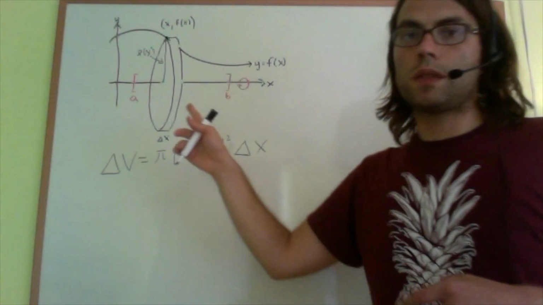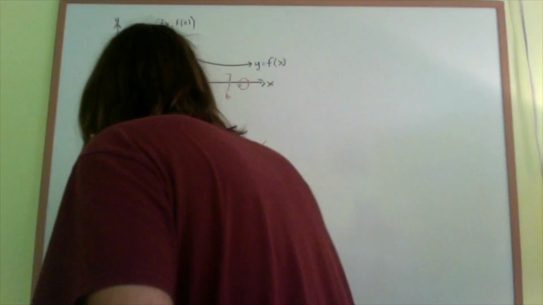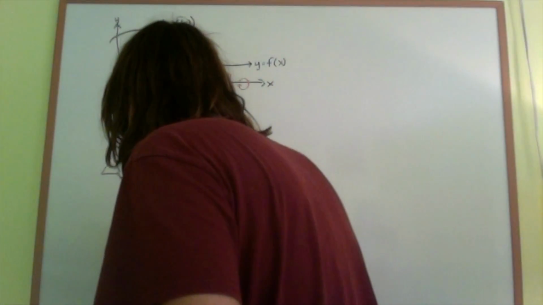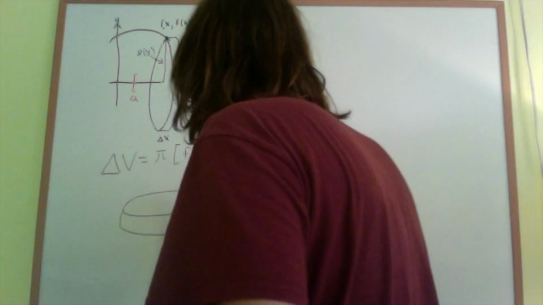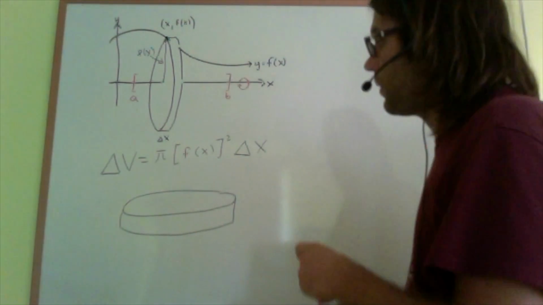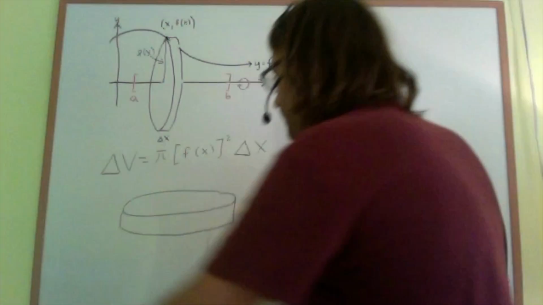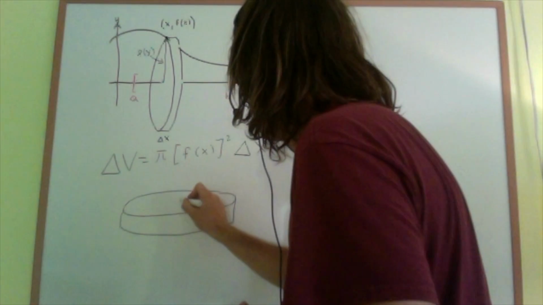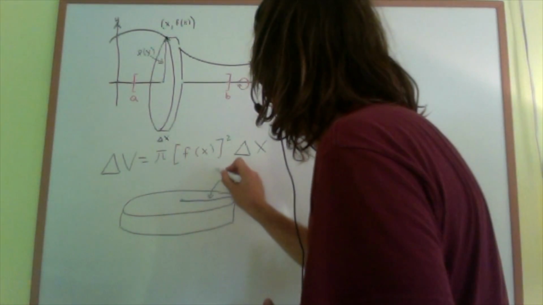So usually when we're dealing with cylinders, you see it the other way. So let me just go ahead and draw this again. Okay, so here's our cylinder. Right here we have our radius, and that is f of x.